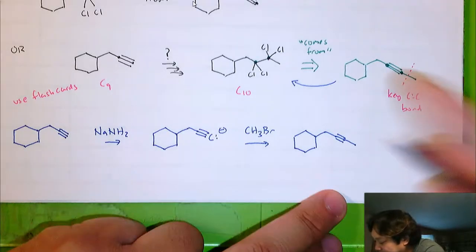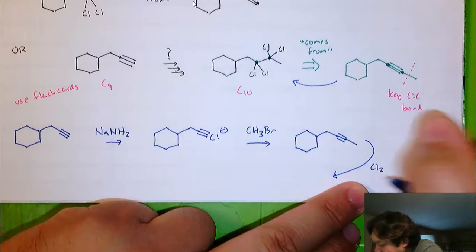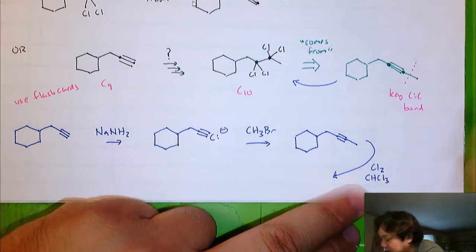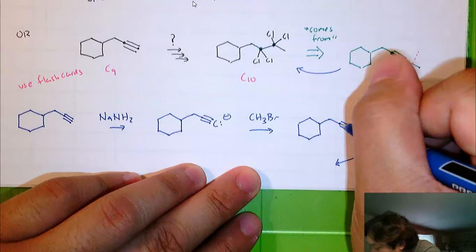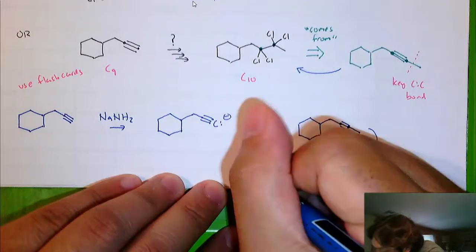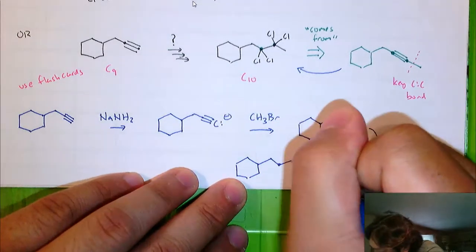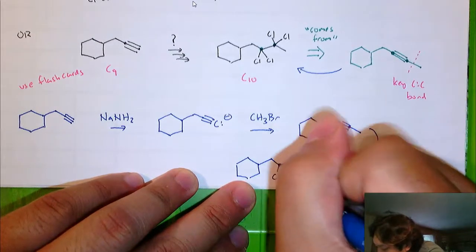Now I'm running out of room, but I know that I can do tetrahalide formation. So I use chloroform, but it's Cl2, and I'm going to add 4 chlorines on those 2 carbons. And that should be my, I'm going to do zigzag, because everything's singly bonded.